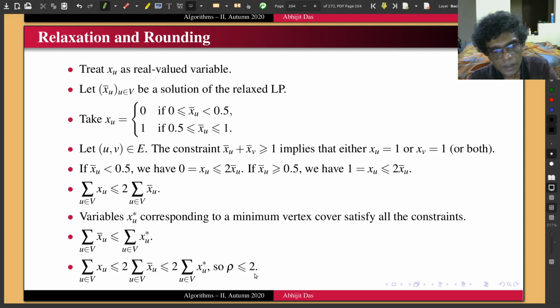This is actually a vast area, so I just wanted to give you a flavor of how linear programming can be used to arrive at reasonable or good approximation algorithms. This has far-reaching consequences in the study of approximation algorithms.